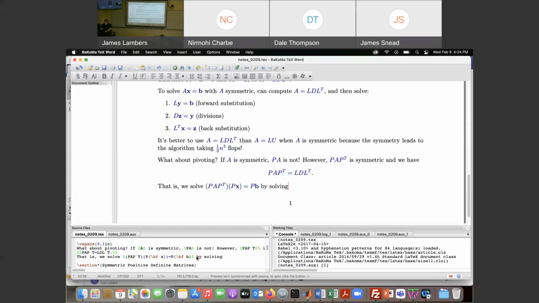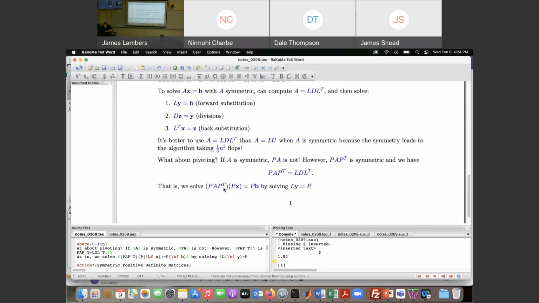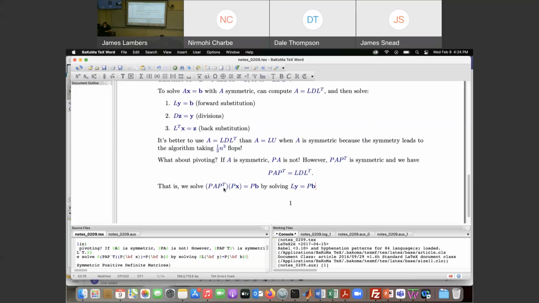So the way you would accomplish that is if PAP transpose is LDLT, and you're solving LY equals PB, which is familiar to us from the general case of Gauss elimination with pivoting.